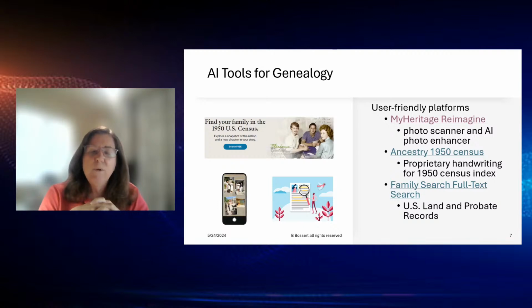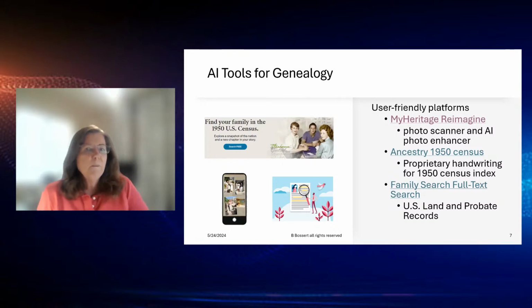And they did it within 2 months. When they had done this of the 1940 census many years ago, it took them almost 6 months using volunteer transcribers to create the index. So you can see AI has a huge potential to make information available to us.